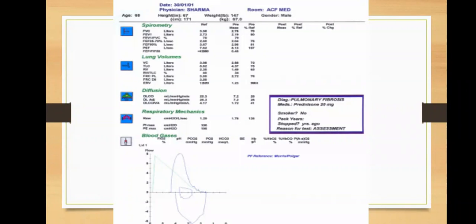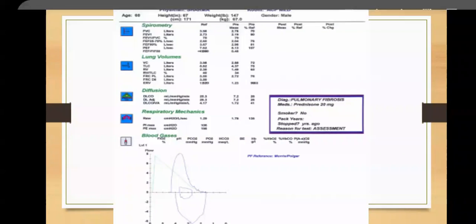This is how pulmonary function tests are reported from the labs. You have to see it to understand it.